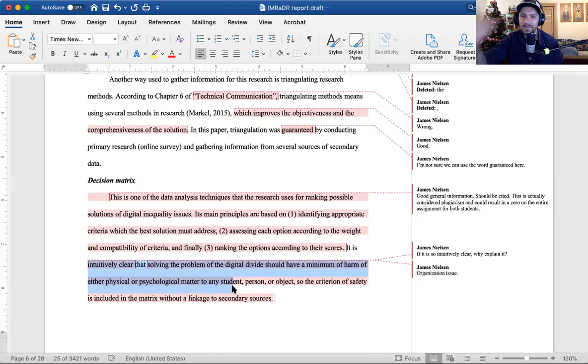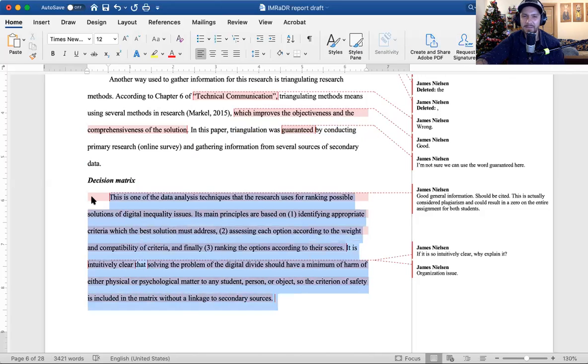Like, it is intuitively clear that solving the problem of the digital divide should have a minimum of harm, right? You're basically saying that it's clear that the solution shouldn't harm someone. And I say, well, if it's so clear, why did you mention it? And why did we mention it in this paragraph where we were talking about general information?